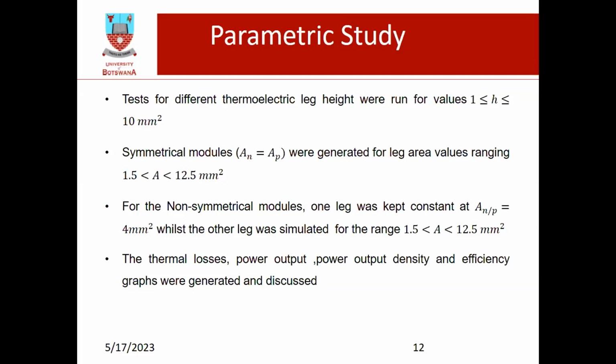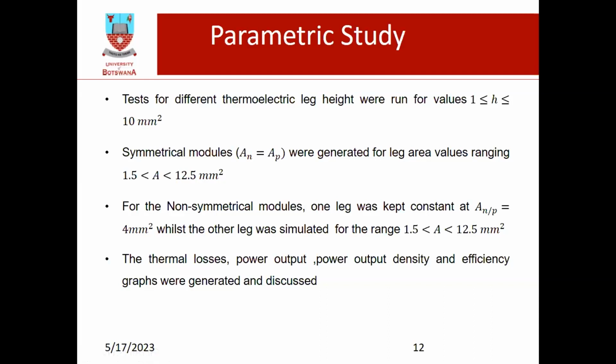We did a parametric study for the height and the cross-sectional areas. We varied the height for a module or thermoelectric element length of 1 to 10 millimeters. That should be millimeters, not millimeters squared. The height from 1 to 10, the area from 1.5 to 12.5.